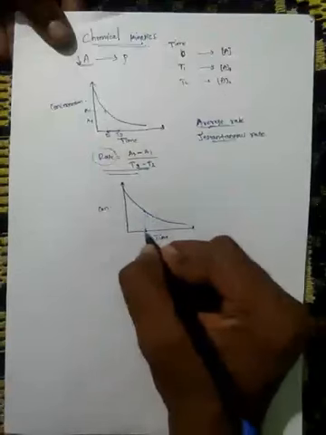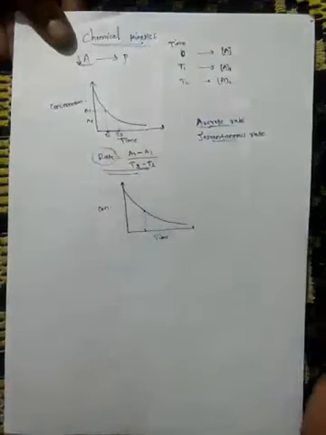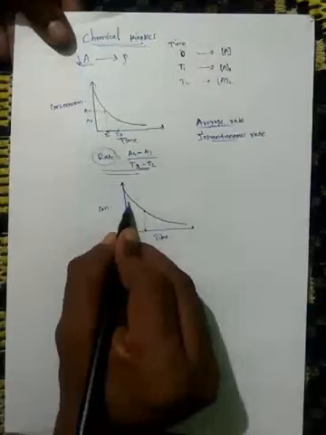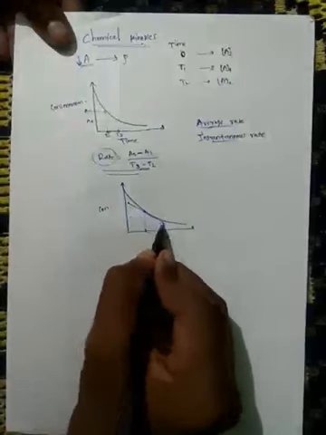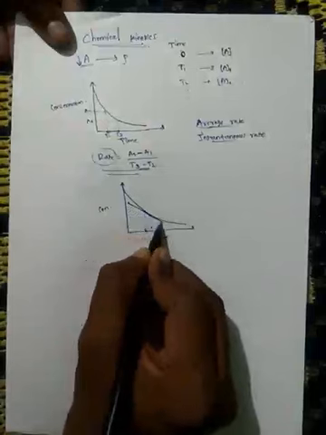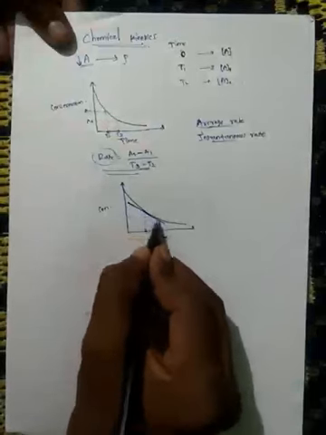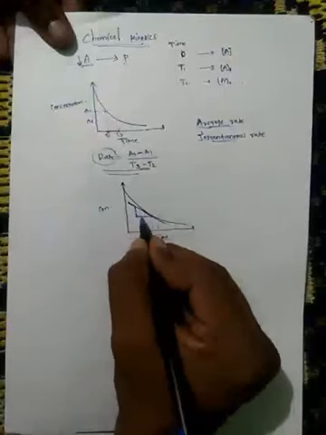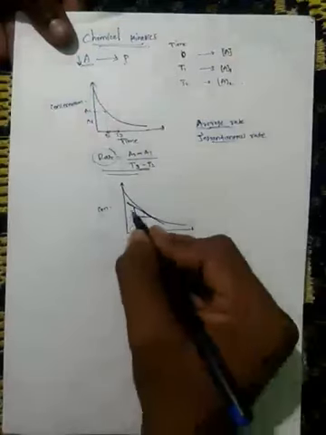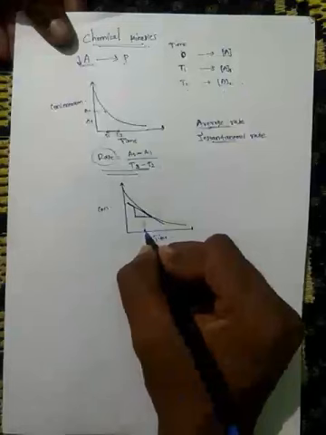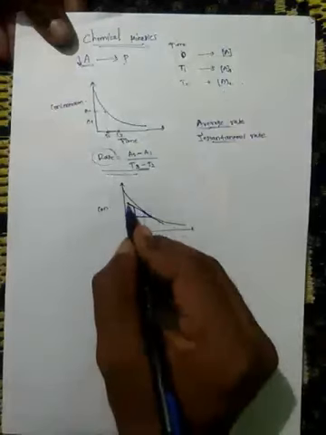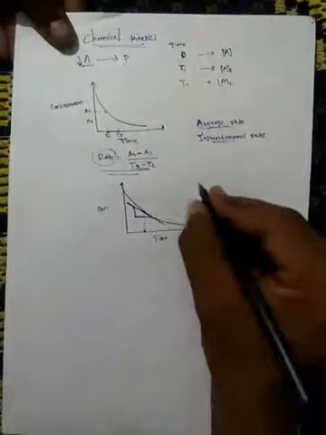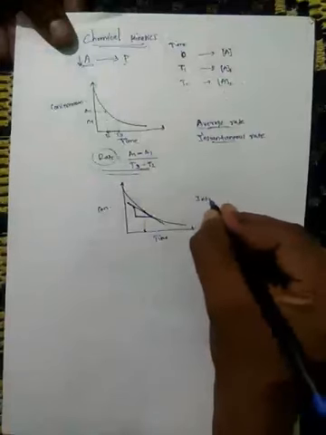This is done by drawing a tangent at this time, and now you take the slope of this straight line. That will give you the instantaneous rate.